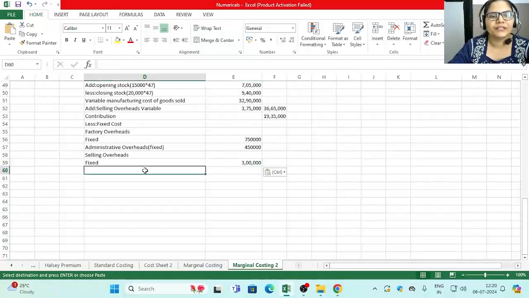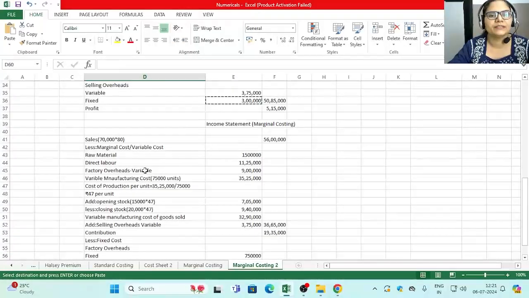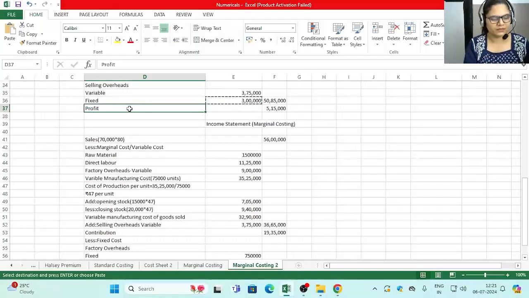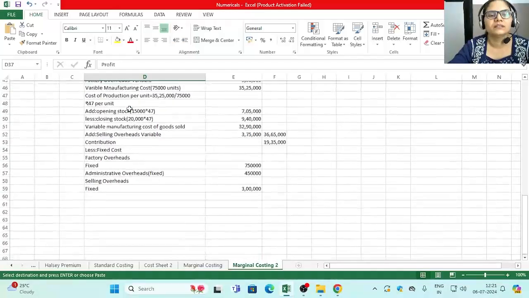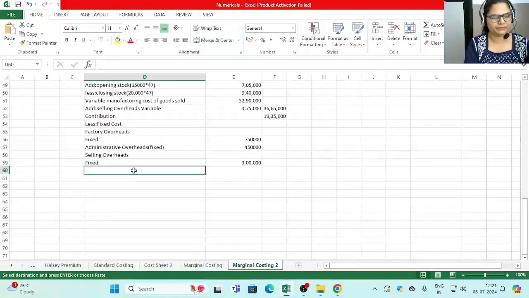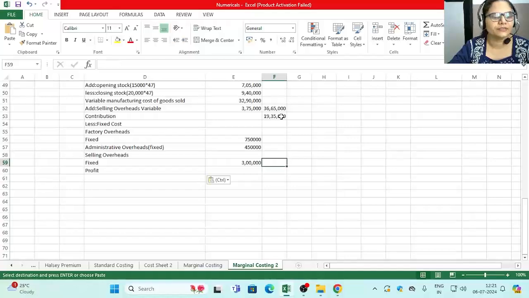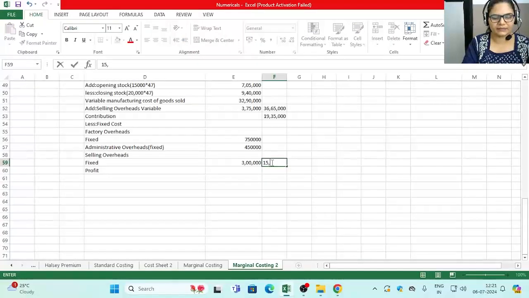Now, when we deduct these selling overheads, we will get the profit. After adjusting these values in 19 lakh 35,000, we will get a value of 15 lakh.